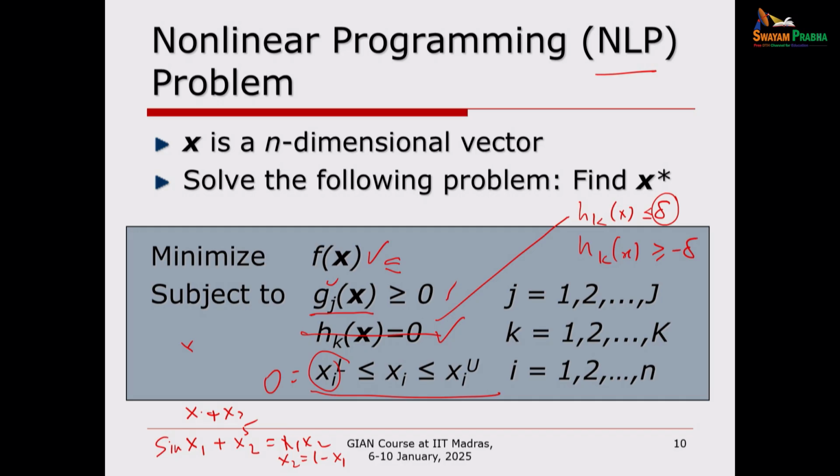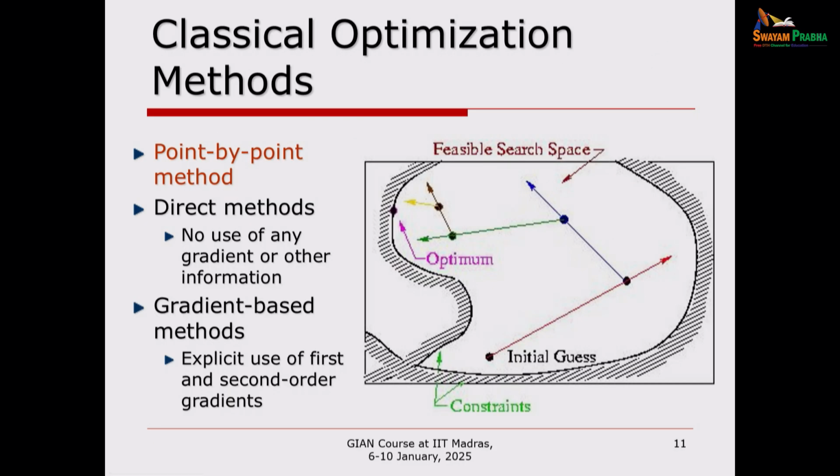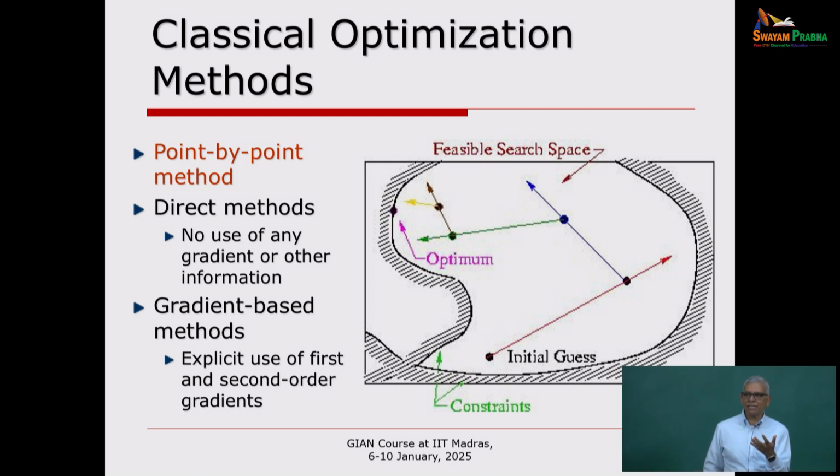All right. So our goal is to solve this problem. This is called the NLP problem, to find the x star, the corresponding optimal solution. Most classical point-based methods, I call them classical because that's how the optimization literature started, early 60s.